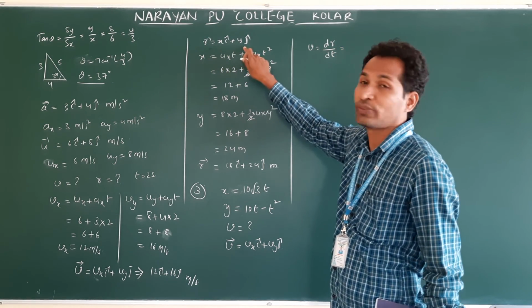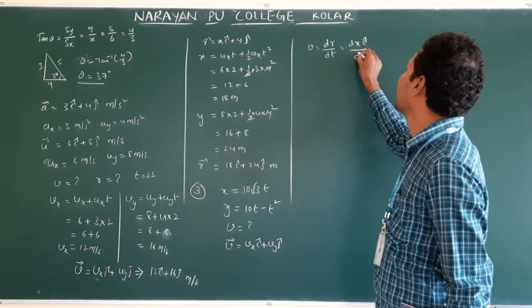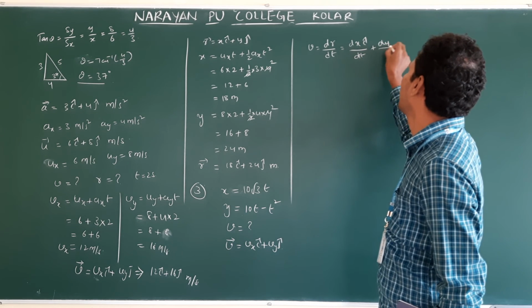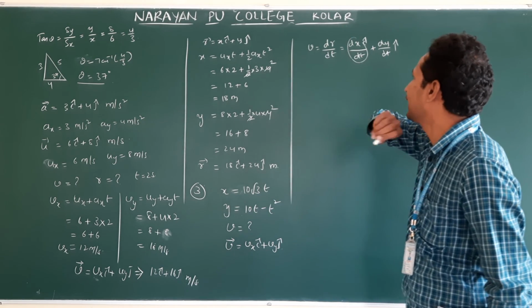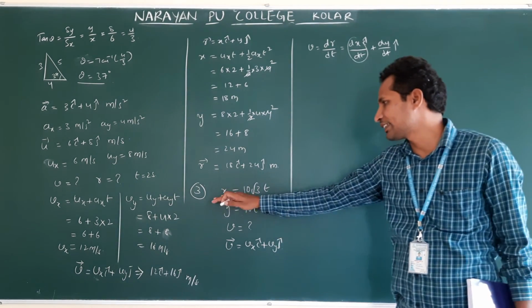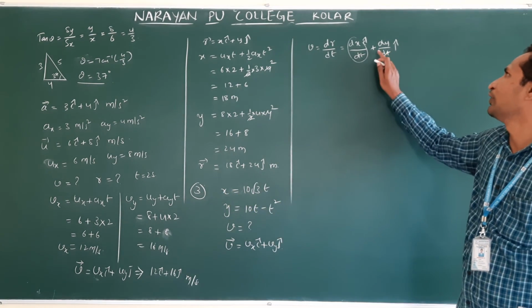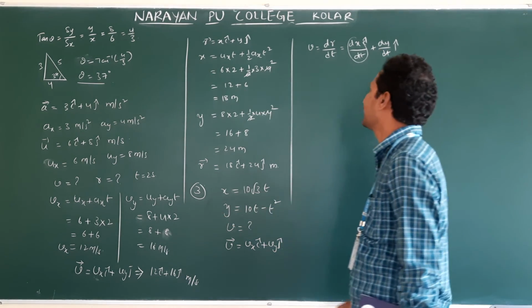X i cap plus Y j cap. Then what do we get here? dx by dt i cap plus dy by dt into j cap. If we differentiate x with t, then we will get velocity along x direction. If we differentiate y with t, then we will get velocity along y direction.